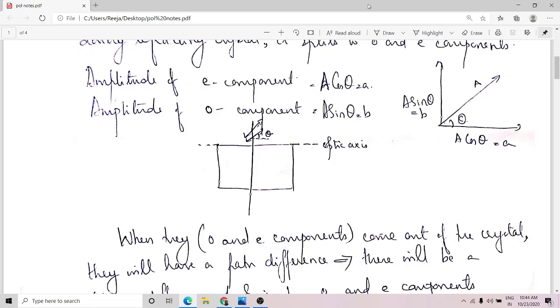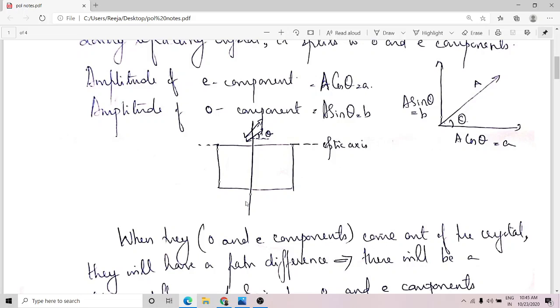Now, since the plane polarized beam is incident perpendicular to the optic axis, the O and E components travel in the same direction but with different velocities, so when they come out of the crystal they have a path difference. A path difference implies a phase difference.